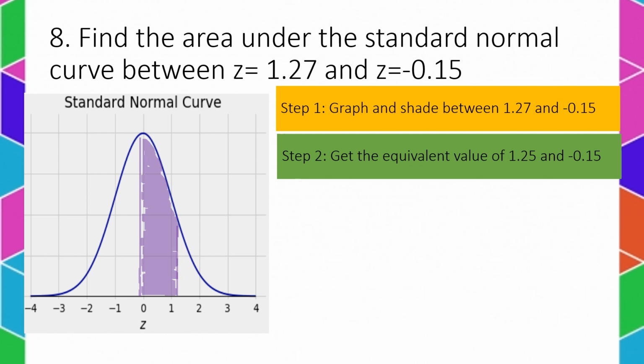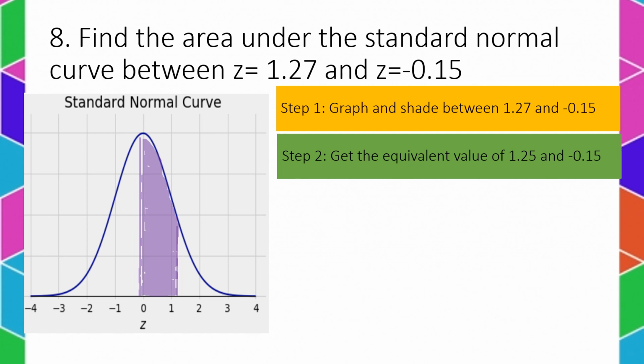Are you going to add or are you going to subtract the two areas? Ano yung sinasabi sa table? If they have different sign, ano gagawin natin kapag different sign sila? Add, addition or subtraction.